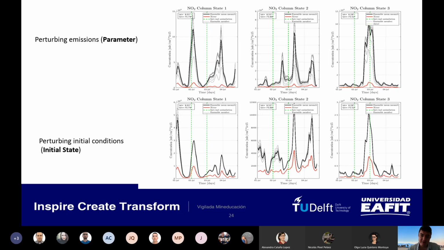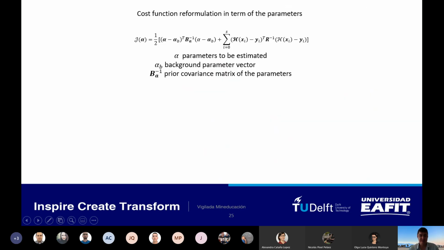The more I want, the more ensembles I can propagate, but you have to keep in mind that this is very computationally expensive work, so we are limited in the number of ensembles.